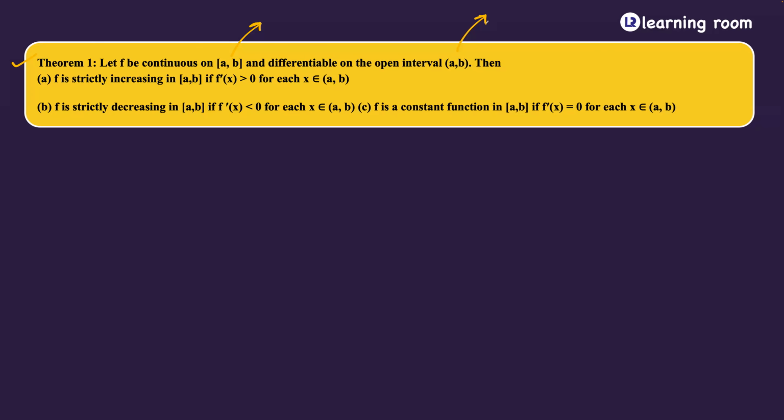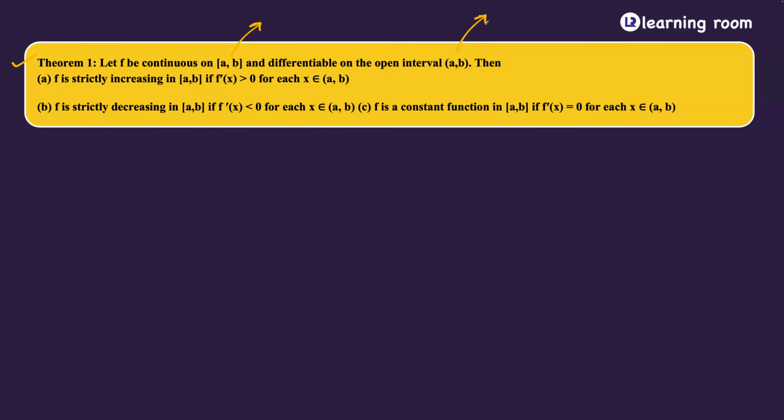So we know the condition for any function to be differentiable. The first thing is it needs to satisfy the condition of being continuous. Next, you can say f is a strictly increasing function in the interval a comma b, that is the domain value, if f dash of x is greater than 0.